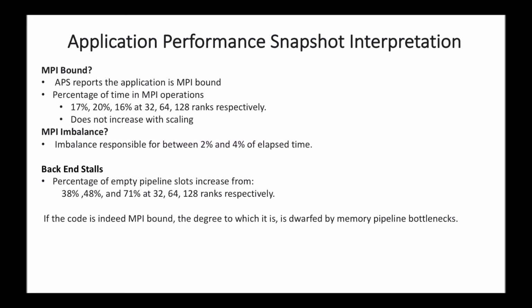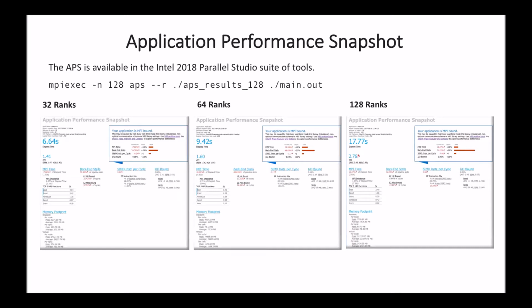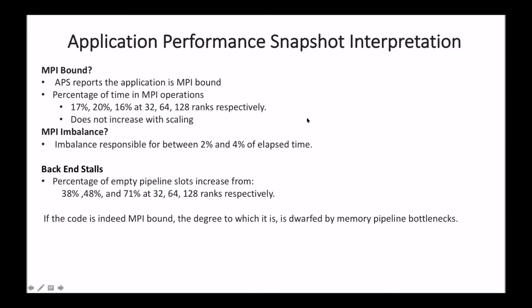Now, if we look at back-end stalls, let me go back and show you the performance snapshots. This line here in the middle increases as we increase ranks. So there's some correlation between back-end stalls and our scalability issue.